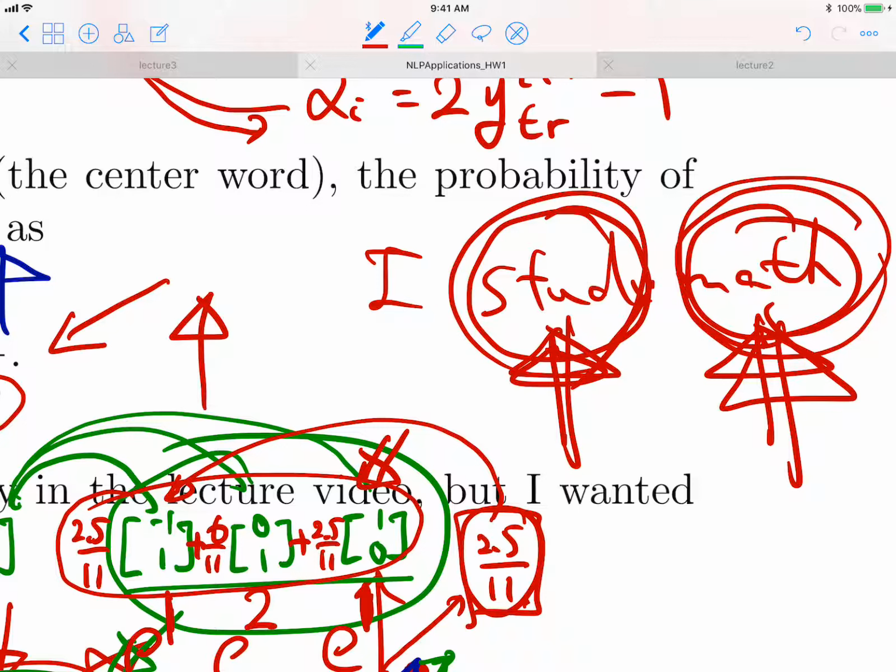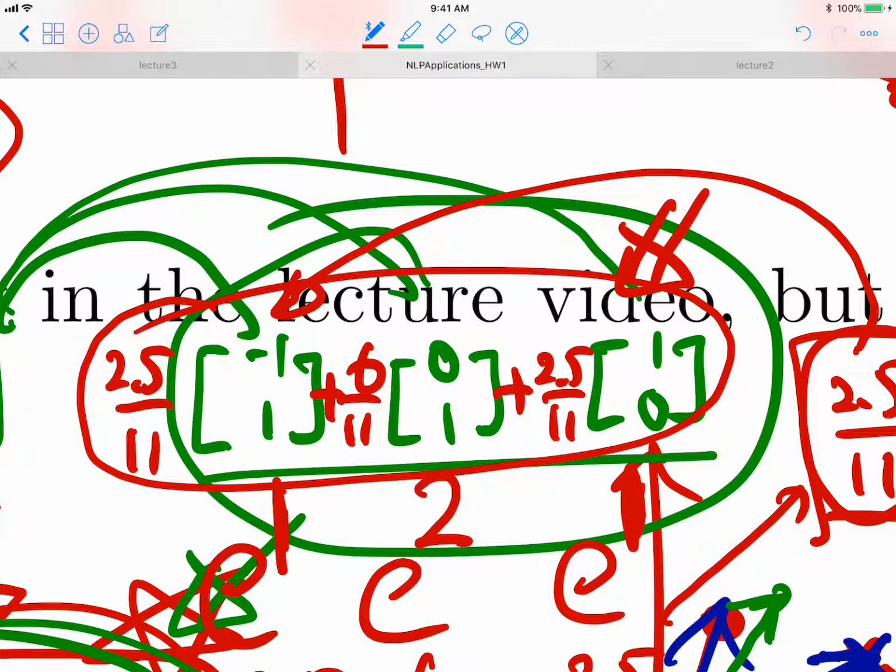In that case, what will be our expected word vector as a context word? That context word will be computed as this weighted average. And the similarity between the center vector and this vector should be minimized.